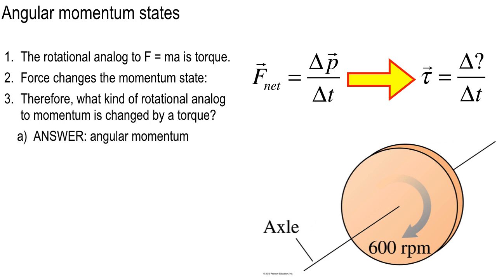Now, the something in the numerator of that formula for torque, tau, is angular momentum. So angular momentum also has a vector structure. It's a vector. But the thing is, it's the momentum of spinning.